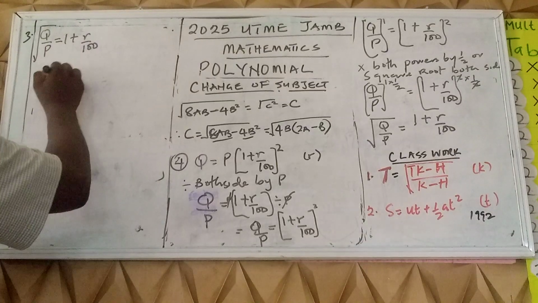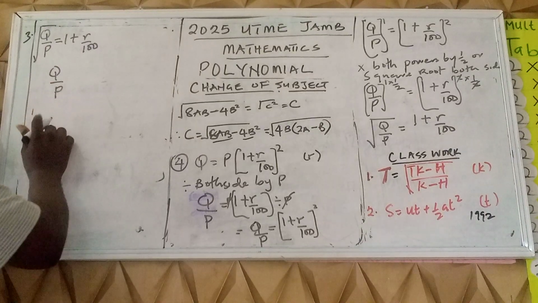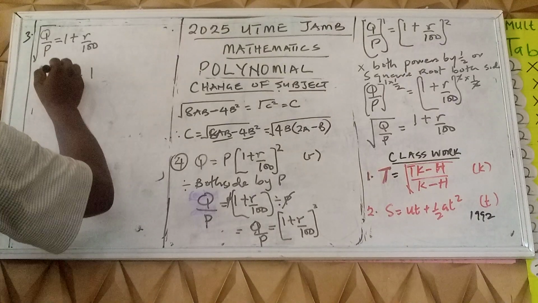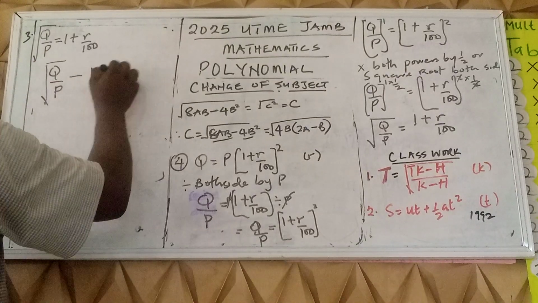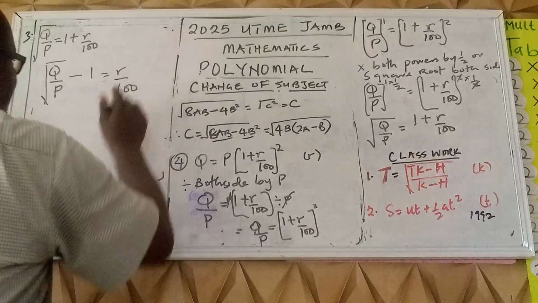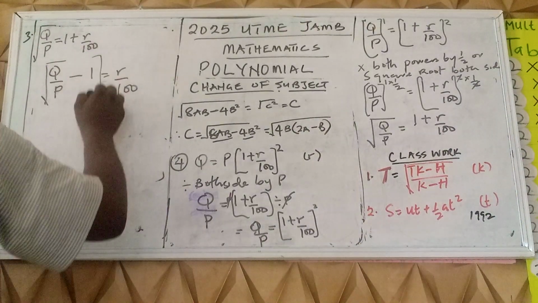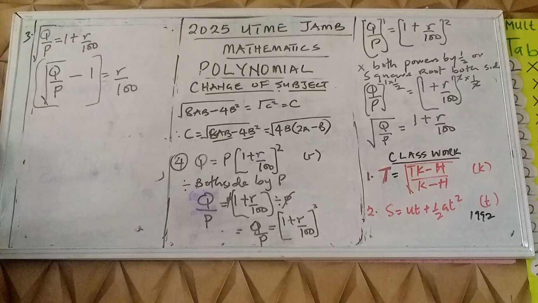So my square root of Q over P minus 1 is equal to R over 100. Is that taken? Okay, so what do I do?